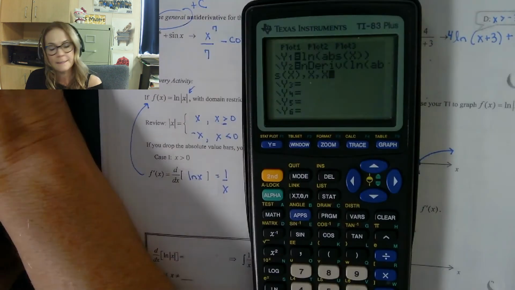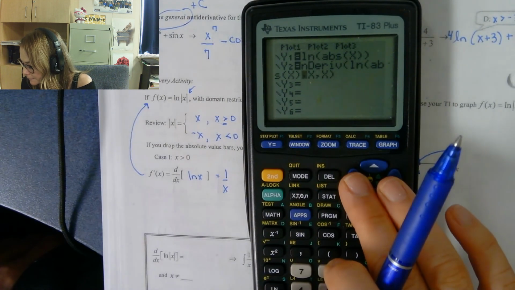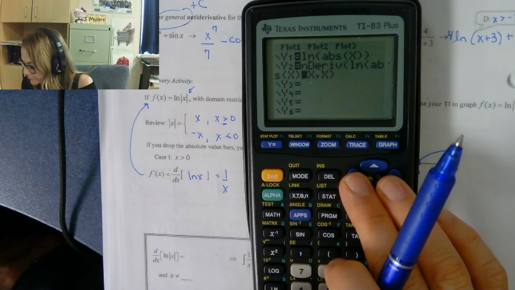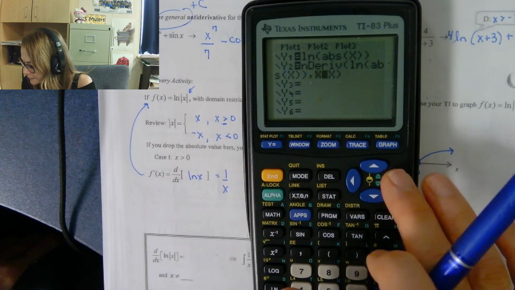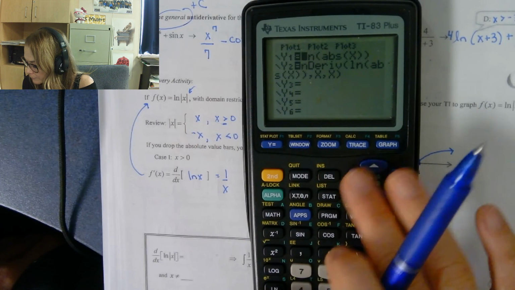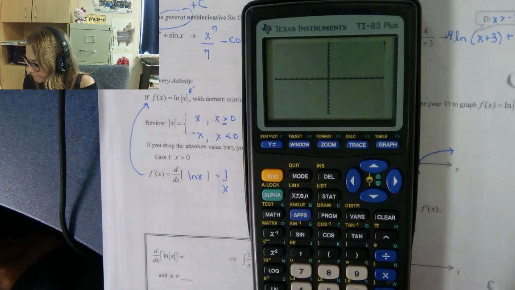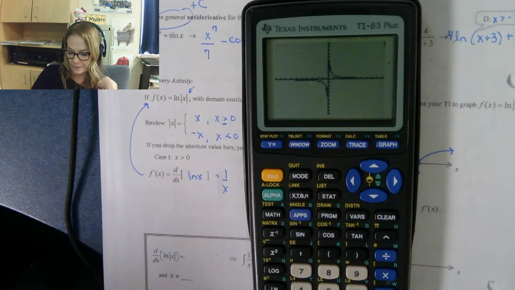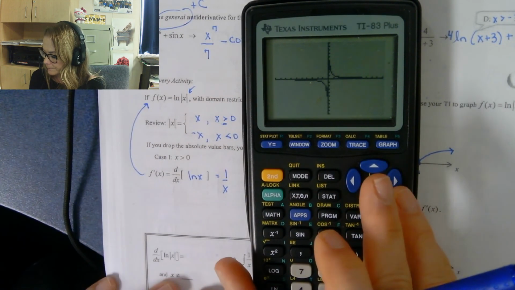Because I am missing a parenthesis. I've got to close the absolute value here as well. The calculator will tell you what it doesn't like. Let's try that, and let's take this one off. There we go. So that derivative is graphing just like so.